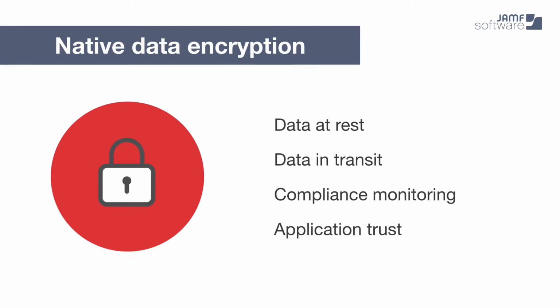So first off, let's talk about data encryption. Data encryption is no longer an option. It is critical. If you have any sort of mobile device, whether that's a mobile phone, a tablet, a MacBook, anything that might be leaving the confines of your office, it's really best practice to encrypt all the data on that.